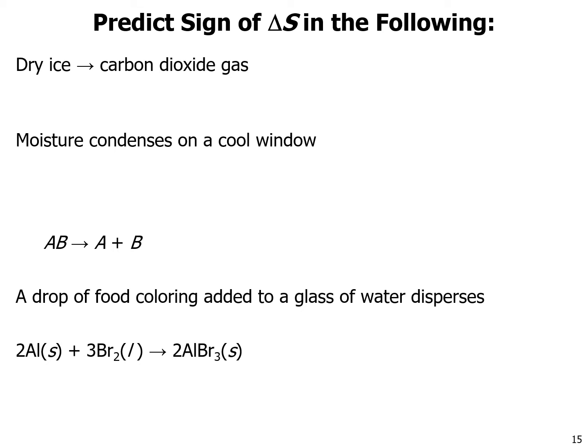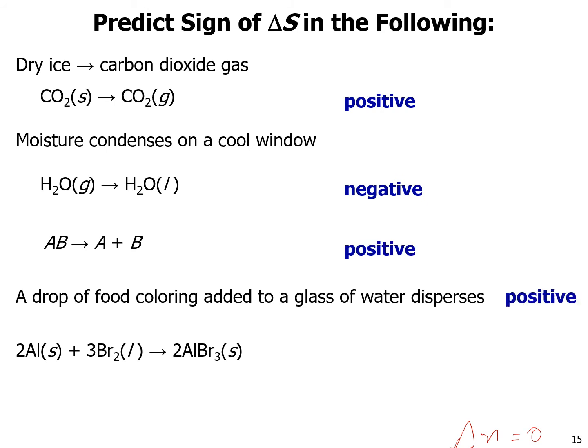One thing that I forgot to mention: if for some reason your delta N comes out to be 0 for a particular reaction, that means you cannot predict the sign of delta S. So your answer would simply be, we cannot predict the sign of delta S in this particular reaction. Okay. All right, I'm going to move forward.